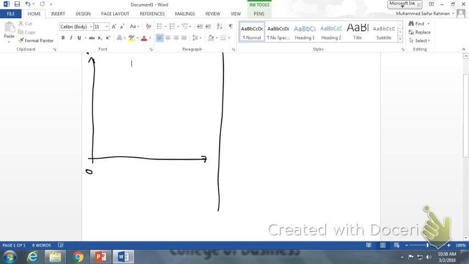So in this case, I'm going to think about my demand curve being a little bit flatter than my supply curve.